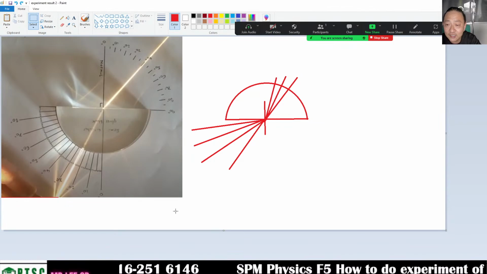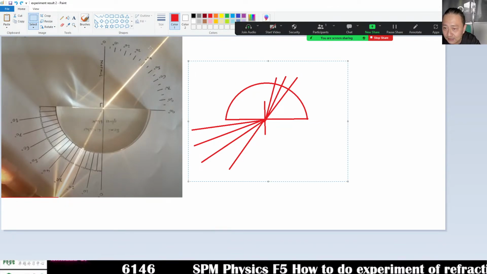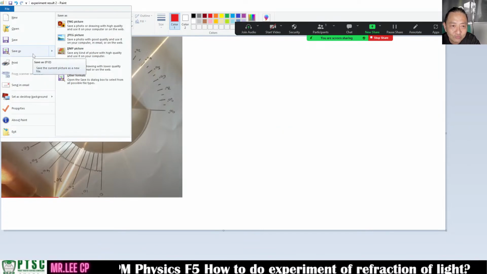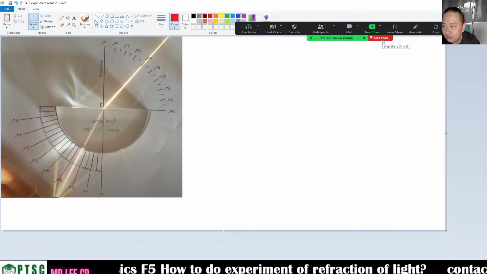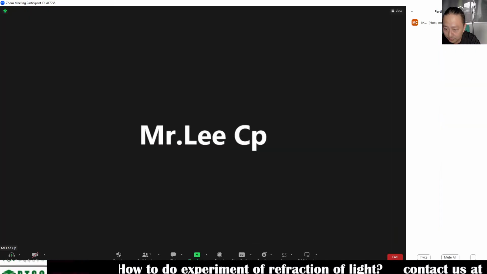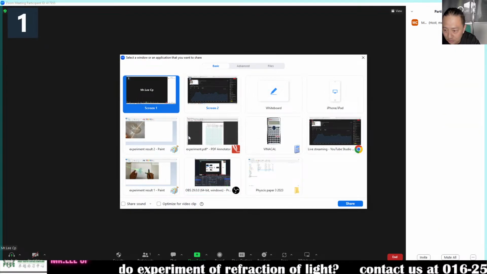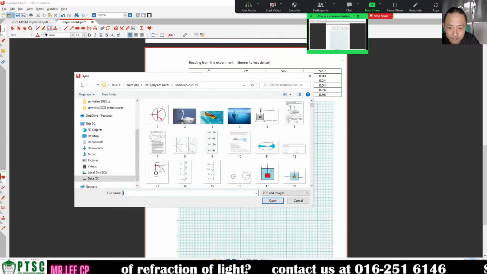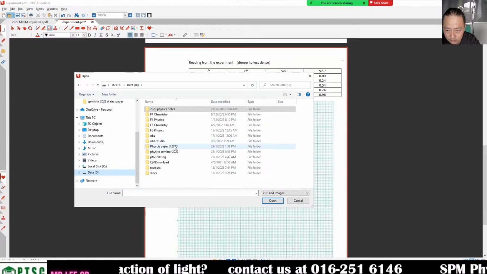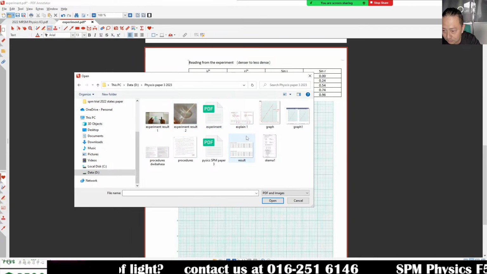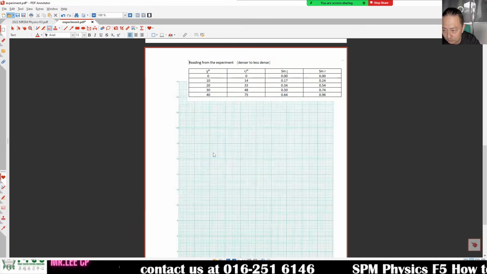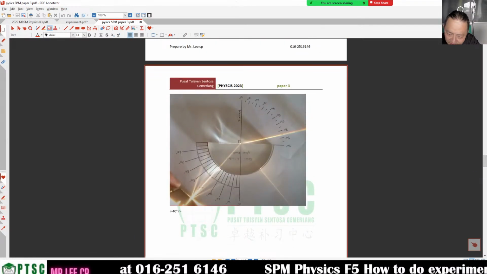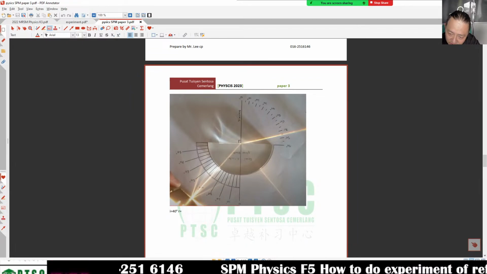Now, the second thing that we always face is that you see the light come out all messy. Teacher, is this total internal reflection?